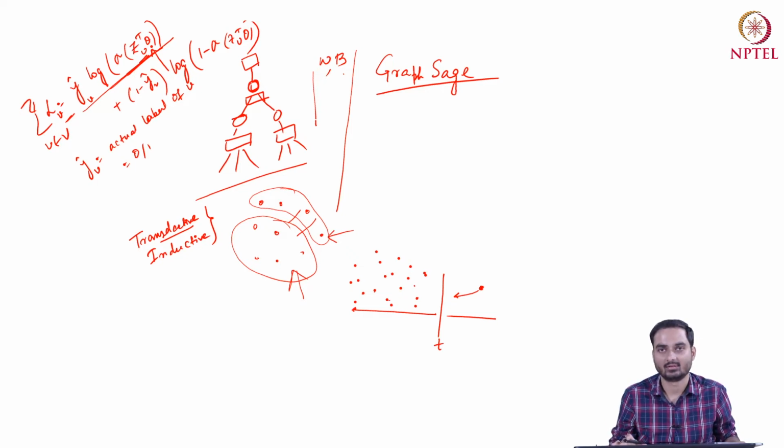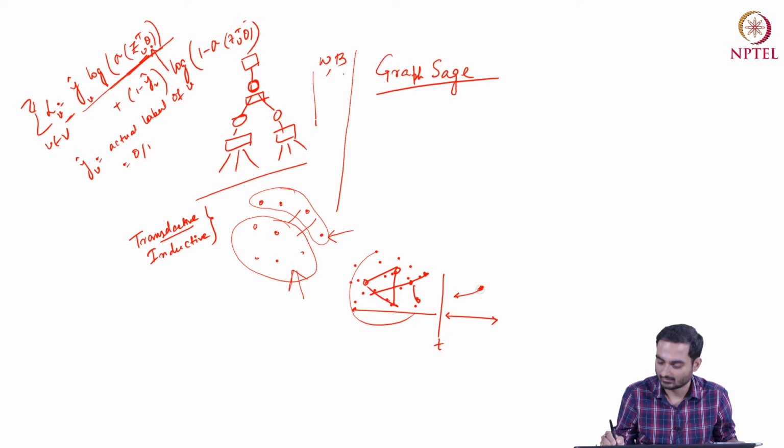So, this is inductive learning. In inductive learning, the test set is not known to us. If you think of normal machine learning applications, it is mostly inductive learning. But inductive learning is difficult because you do not know the test sets. Now, think of a graph like this, and let us say your method has already been trained on this graph, and a new node comes in, and this node gets attached to this node and this node.